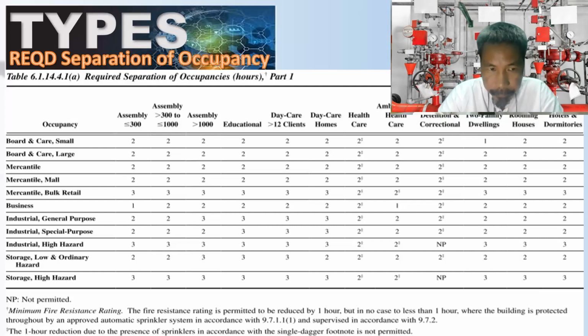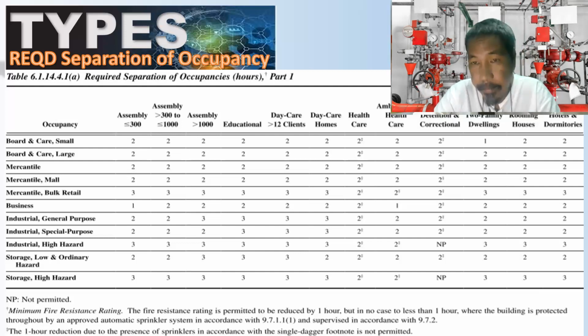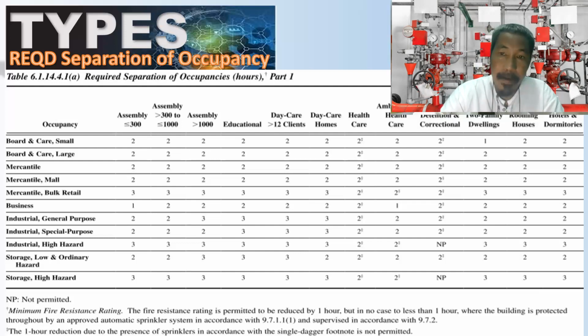So we can do it with less fire rating of material because we will use what? Sprinkler system. A 1 hour reduction due to the presence of sprinklers in accordance with the single dagger footnote is not permitted.